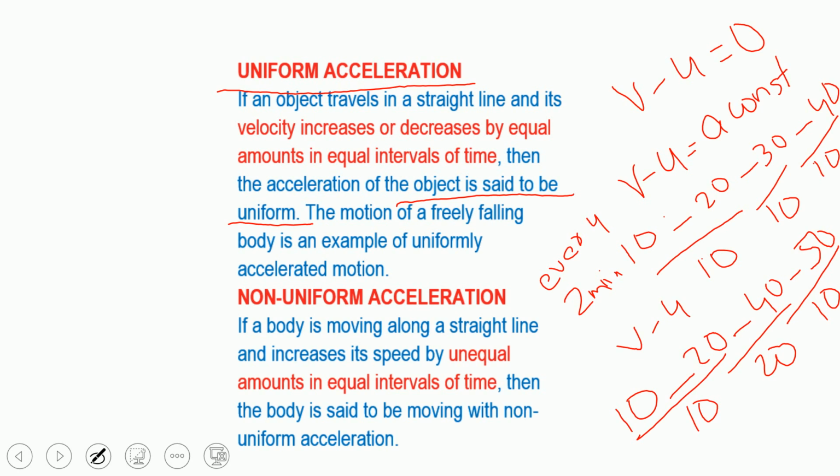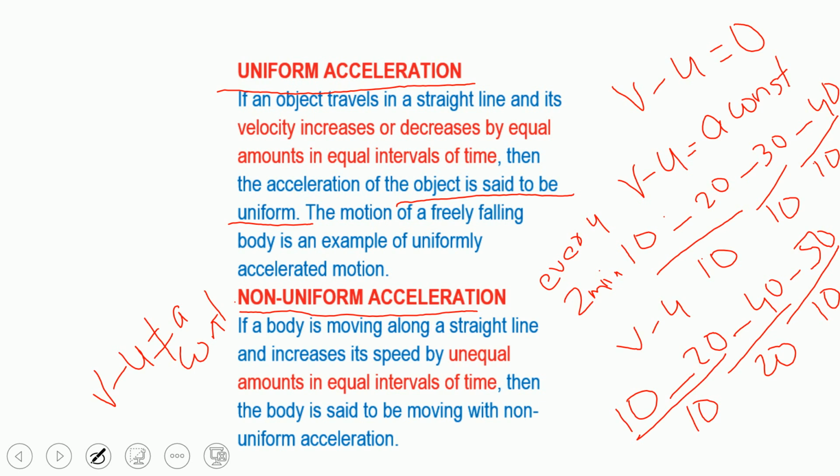If v minus u is not equal to a constant, that is, the change in velocity is an unequal amount in equal intervals of time, then we will say that it is non-uniform acceleration. Children, this is very important. I hope you understand. A question can be asked: distinguish between uniform acceleration and non-uniform acceleration.